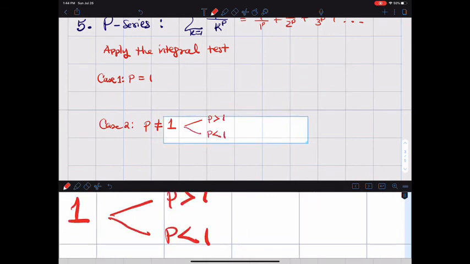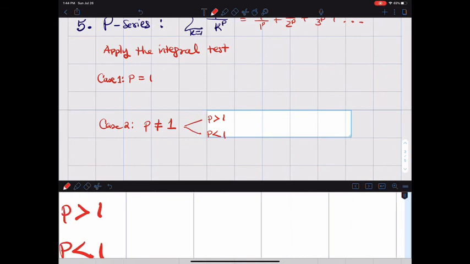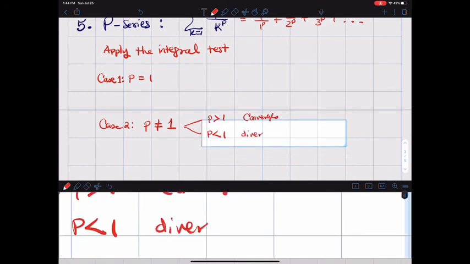We've done stuff like this. It turns out that when p is greater than 1, the series converges, and when p is less than 1, the series diverges.